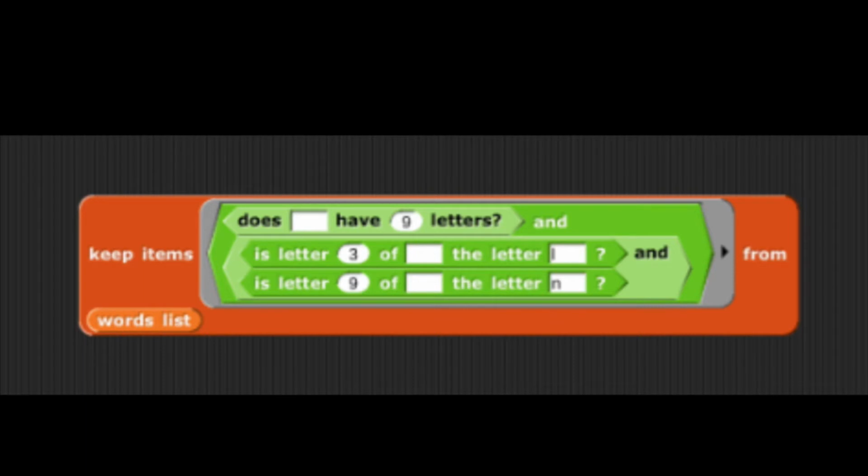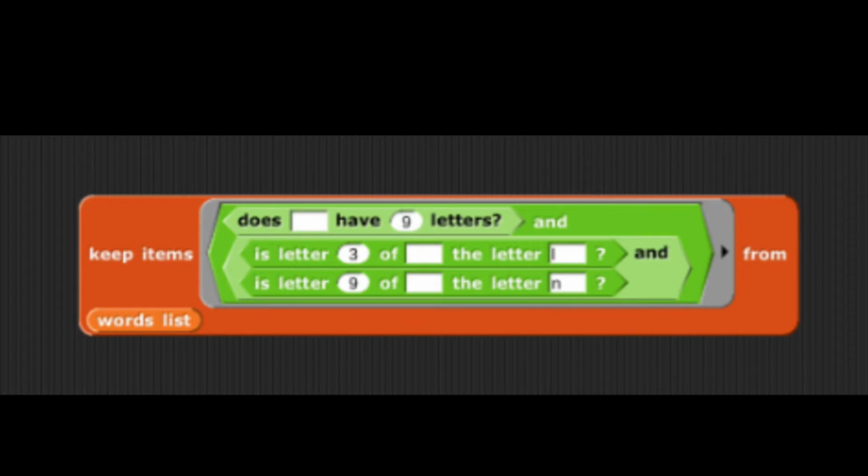The next piece of code is is letter 3 of blank the letter L? And so this is saying that of the words that have 9 letters, if the third letter of the word is the letter L, to keep that word on the list.